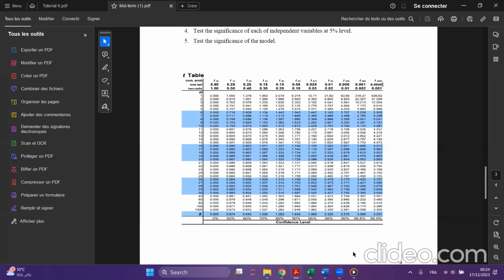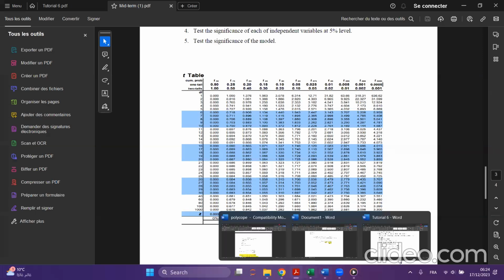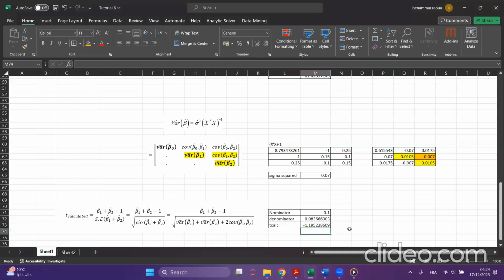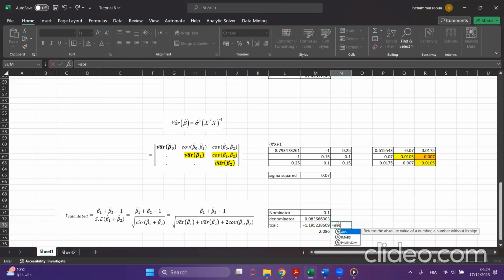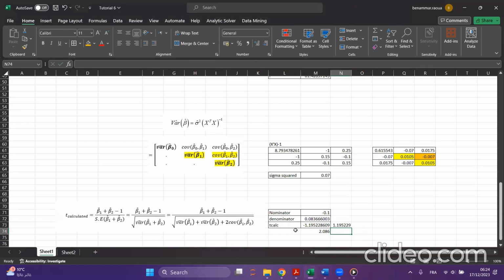Let's compare that to our t calculated. The absolute value of our t is smaller than the t from the table.